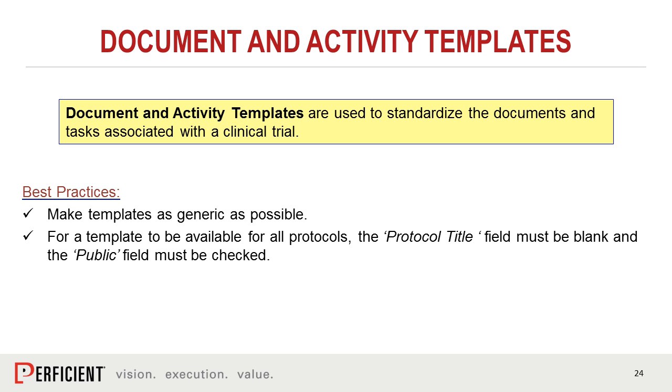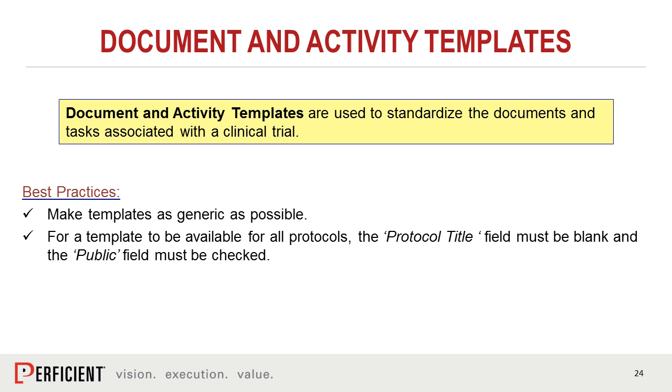In other words, we want to not enter anything in the protocol title field of the template, because then the template will be available only for use within that specific protocol. The creation of generic or global templates is going to reduce the number of available templates, and it also minimizes user confusion about which template they should be selecting and using.